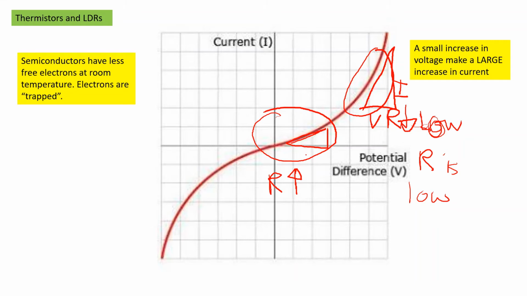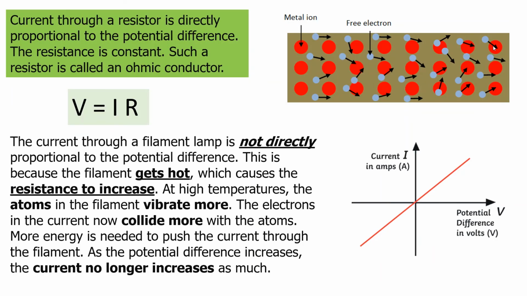And here for a high voltage, you have a low current gain. Okay, so current through a resistor is directly proportional to the potential difference. So this is for a normal ohmic resistor.